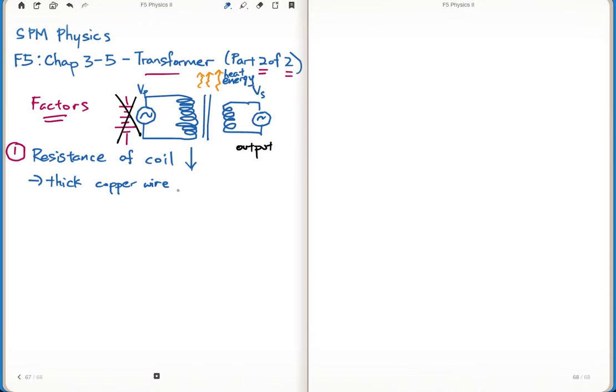From what we learned in our previous chapter, and in my video also, when you have a big cross-sectional wire, electrons flow through it more easily, therefore it reduces the resistance.